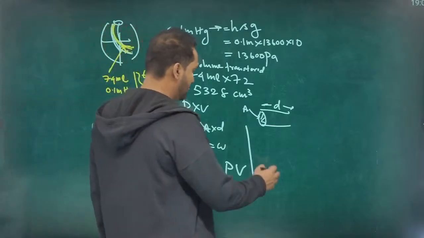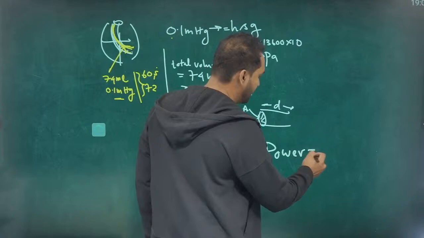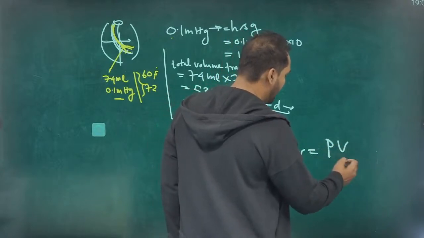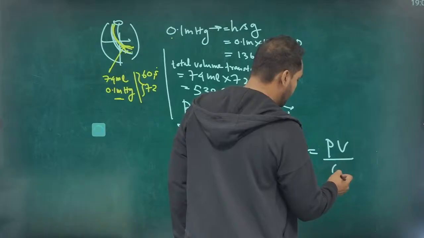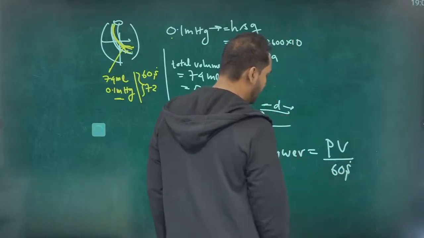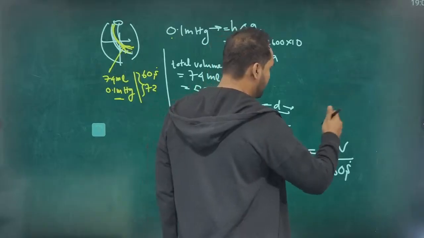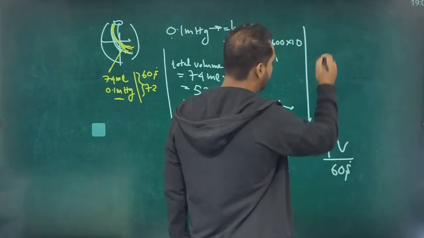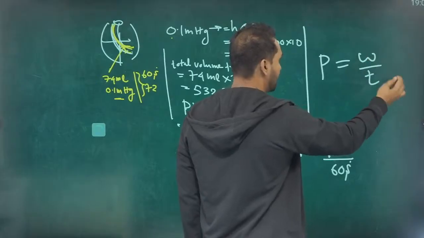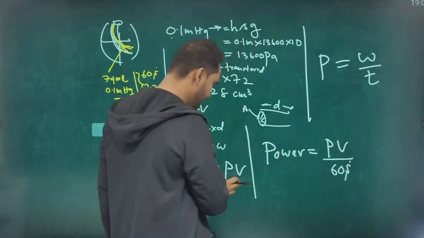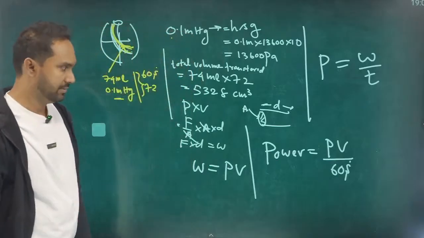Power will be PV, the work done, divided by time, which is 60 seconds. Power is work over time, and PV is work, and the time is 60 seconds or 1 minute.